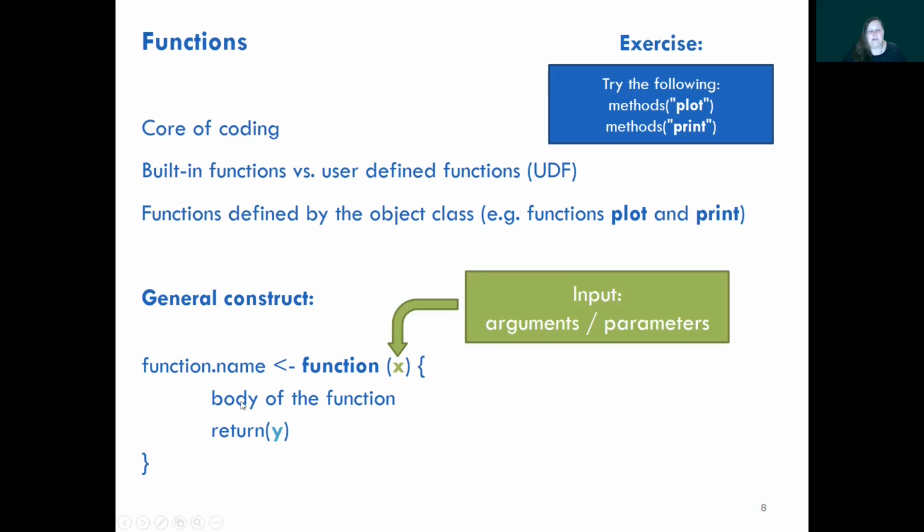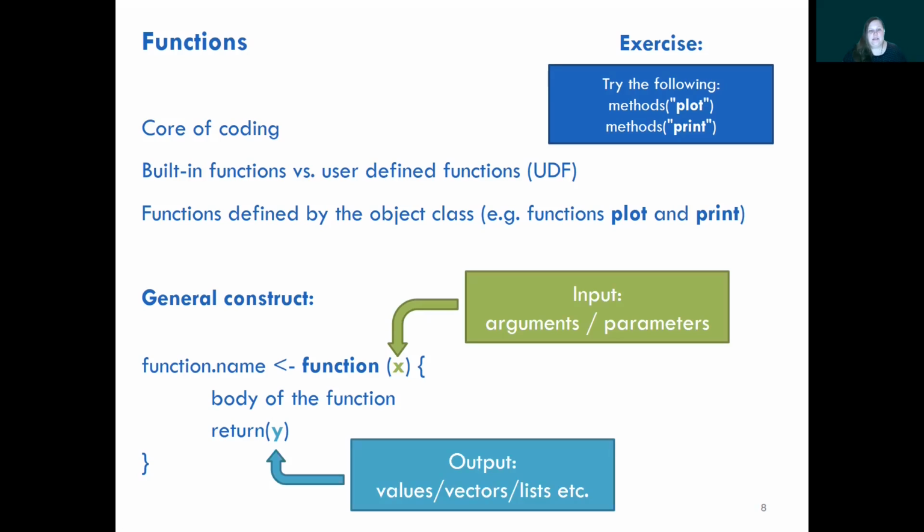Inside of this, you have the body of the function, which is the code and the actual process. Then you can use the function return to return the output of this function and, for example, assign it to an object. This output can be values, vectors, lists, even plots or entire data frames, or a mixture of everything.